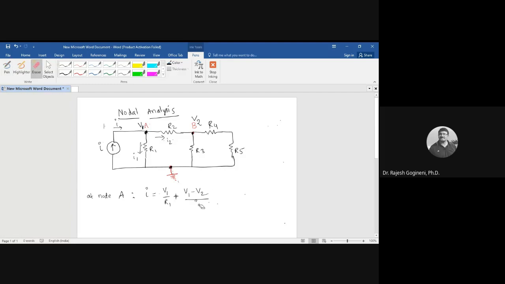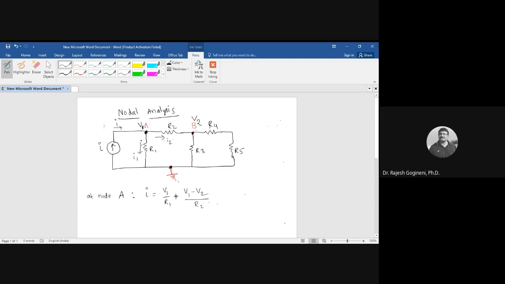V1 minus V2 by R2 is I2, right? Because here I2 is flowing from node A to node B. At node A, the voltage is V1, and at node B, the voltage is V2. So the voltage difference V1 minus V2 by R2 is I2 here.